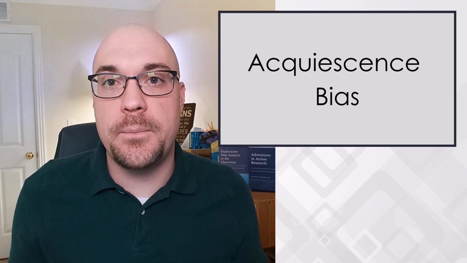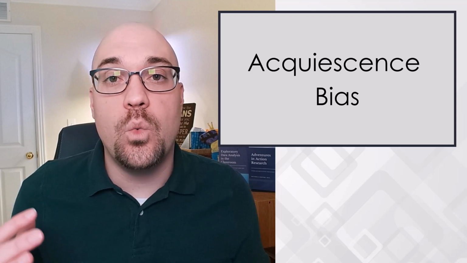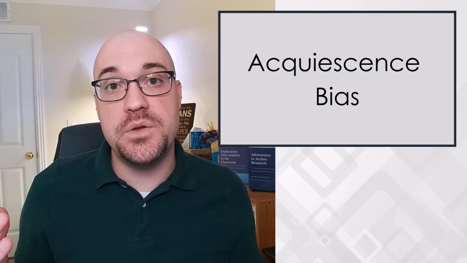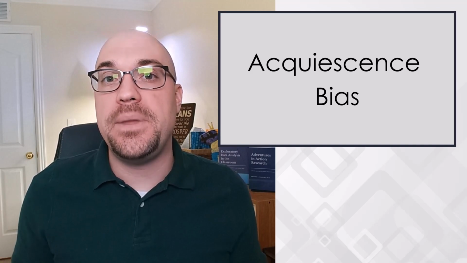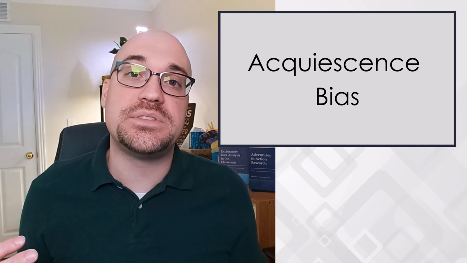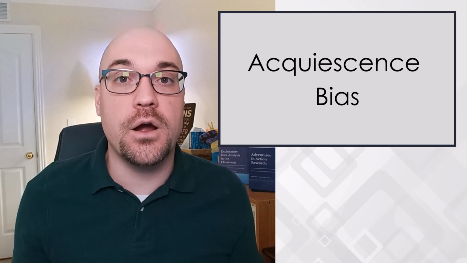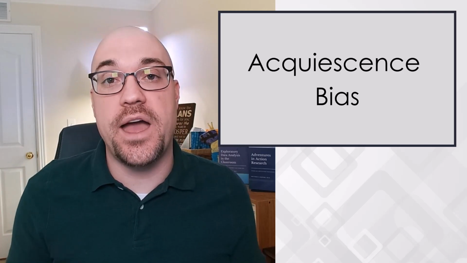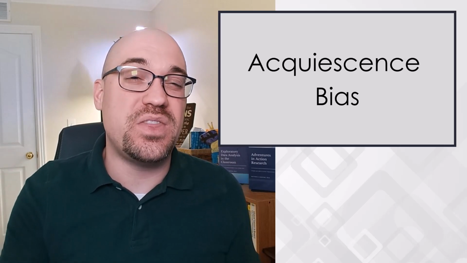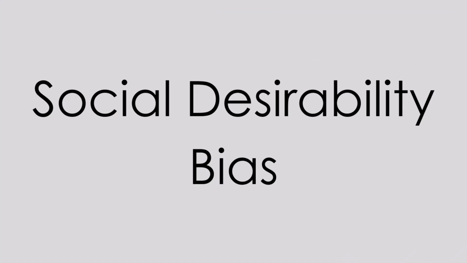This is really common in community forums where you have a well-respected community leader kind of at the head table leading that conversation, because community members who want to find themselves in favor with the leader may find themselves the victim of acquiescence bias, where they are acquiescing to the point of view that they think the leader wants to hear.